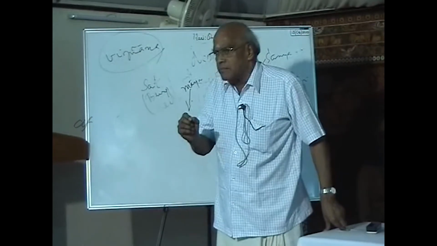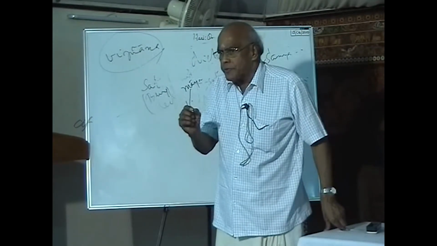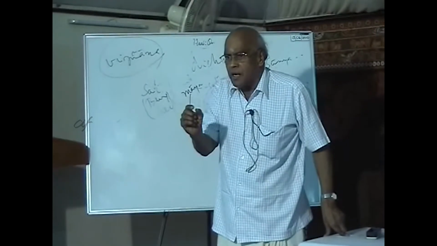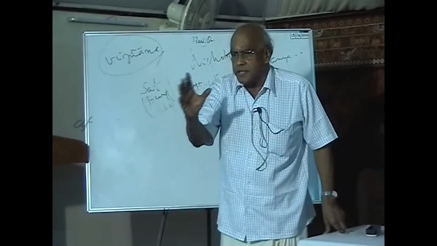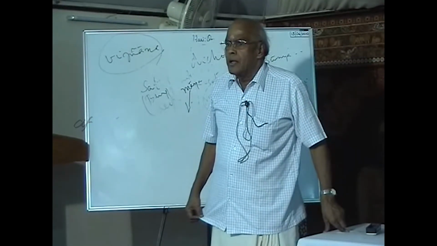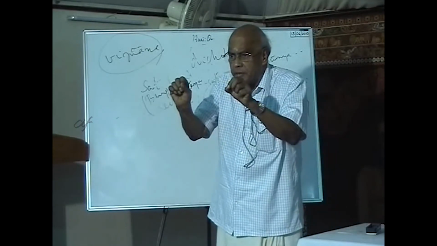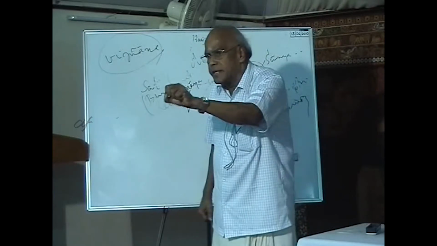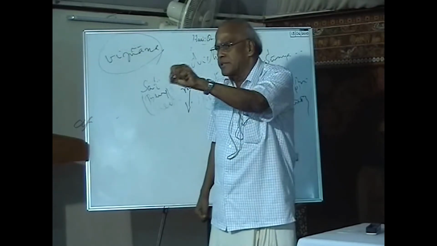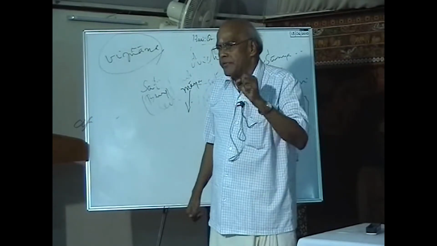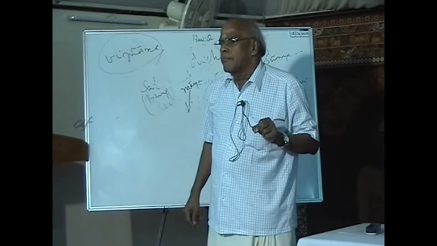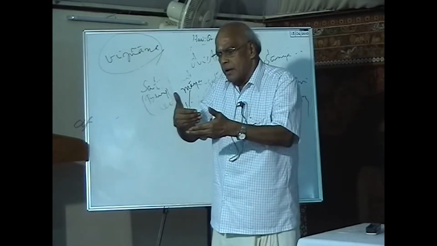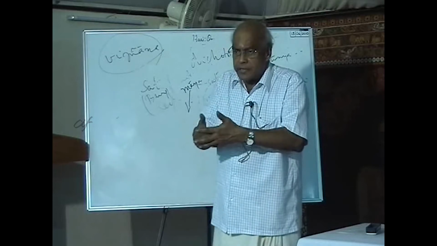What is your claim? Did you perceive an existent silver or a non-existent silver? Supposing you say existent, what is the ontological status of that existence? How do you define the existence of that ground? How do you define that? And Advaita gives the definition of Sat.